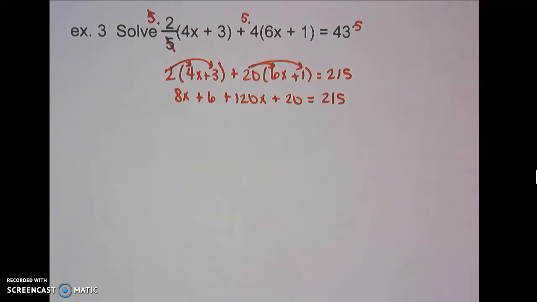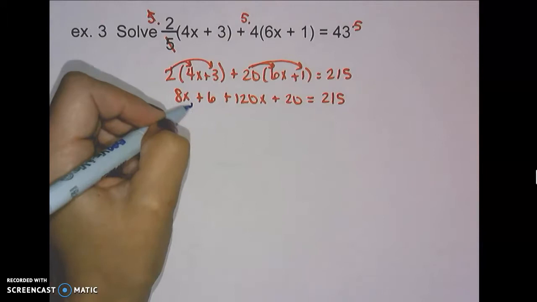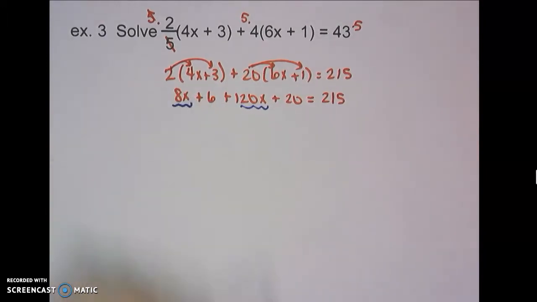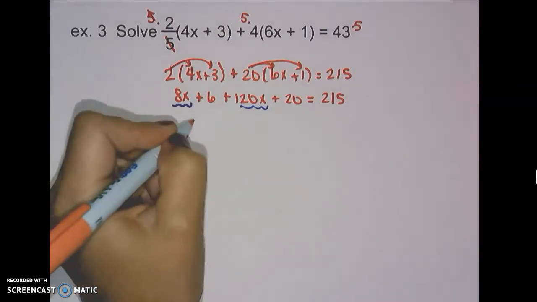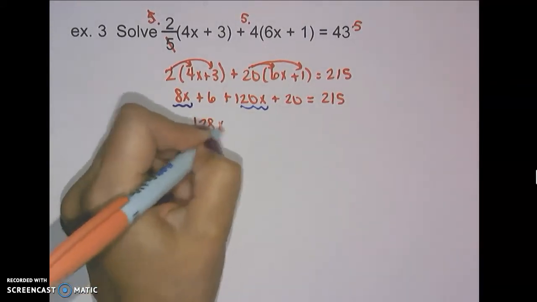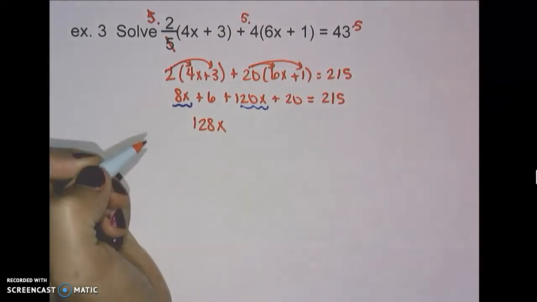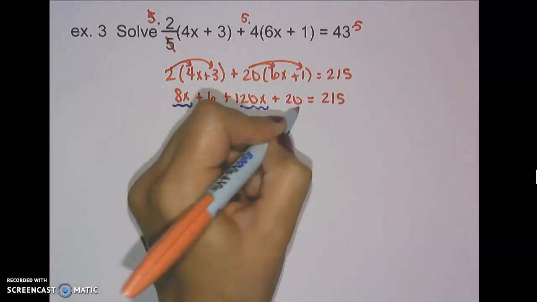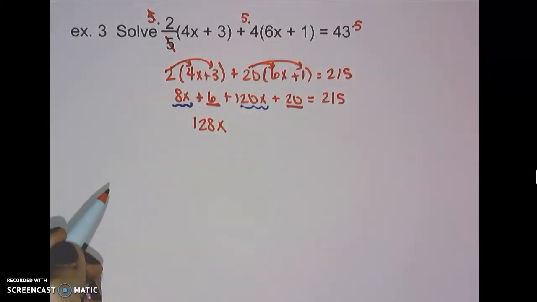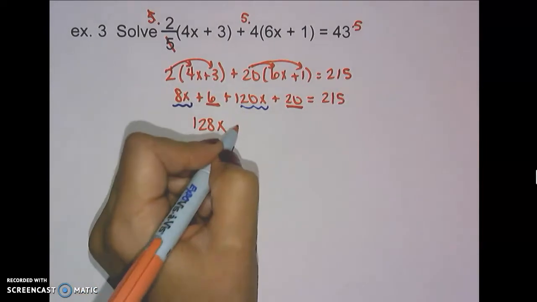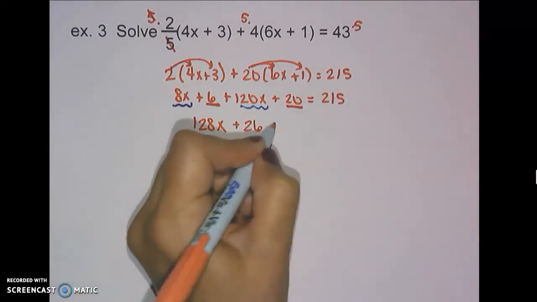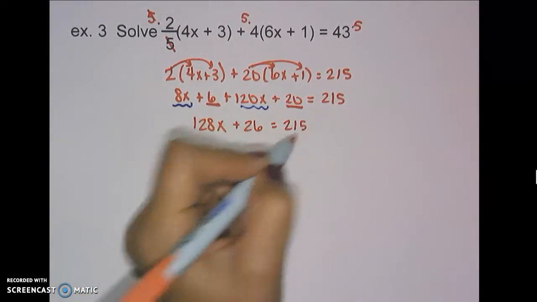That means we're looking for things that are like terms with each other. Okay, this 8x and this 120x, those both have x's with them. So we're going to combine those and get 128x. This 6 and this 20, they don't have x's with them, they're just constants. We're going to combine those and get plus 26, and that equals 215.